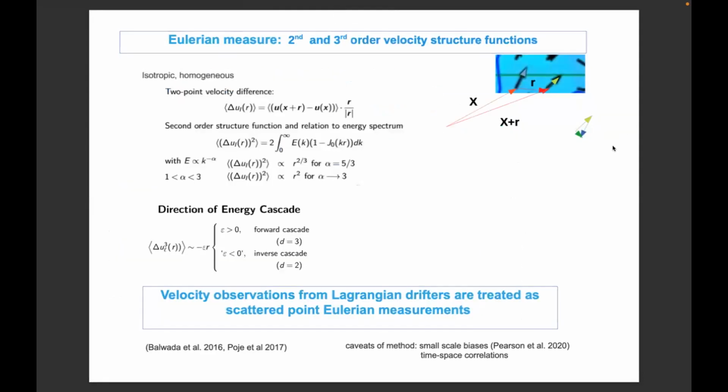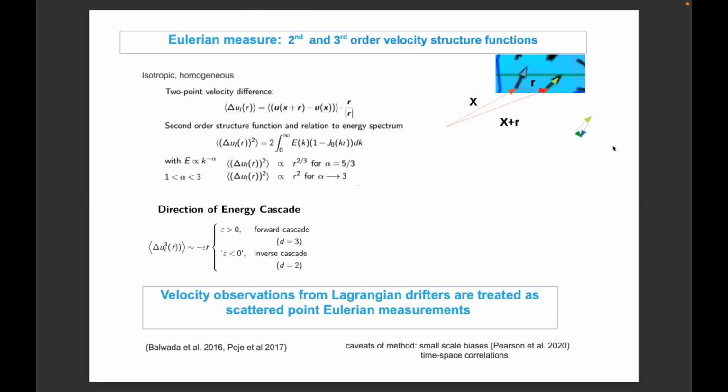So coming to what quantities we are measuring. If we zoom into the velocity field I showed you before, we can take 2 points which are separated by distance r. At each point we have a velocity. We think of an Eulerian measure, so fixed stations where the velocity changes.